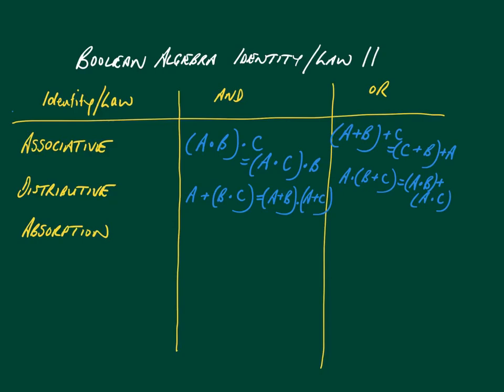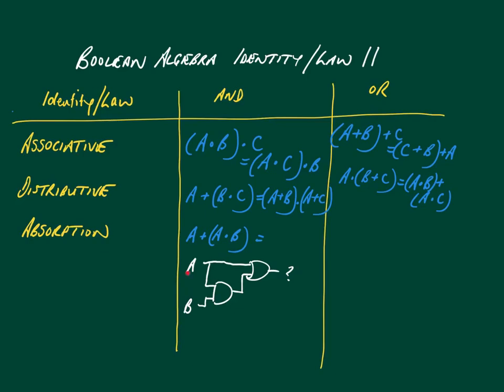Absorption needs a little bit of explanation. This allows us to simplify a Boolean algebra expression. So we have A or A and B. Okay, I'll quickly draw this out. We can follow this through and say that if A is 1, then the output's got to be 1 because it's an OR.